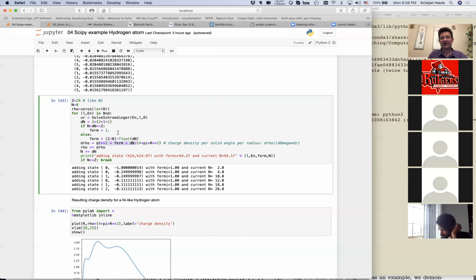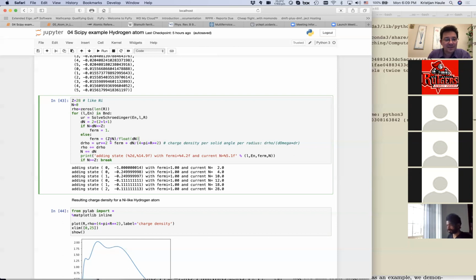Okay, so the Fermi function is 1 when we can accept or add all the charge density that corresponds to this orbital. However, if n plus dn is not any more less than z, but n plus dn exceeds the charge that we need on the atom, then we take only partial occupation.